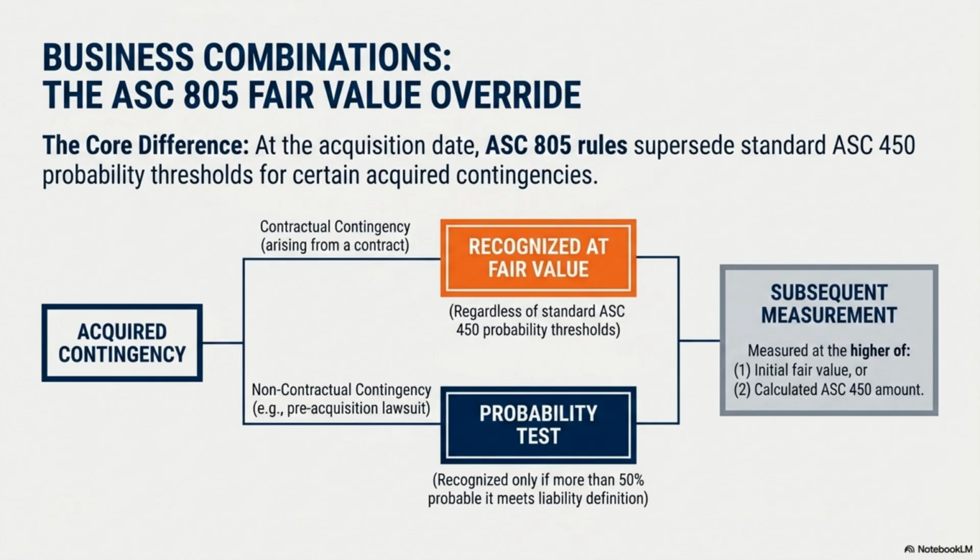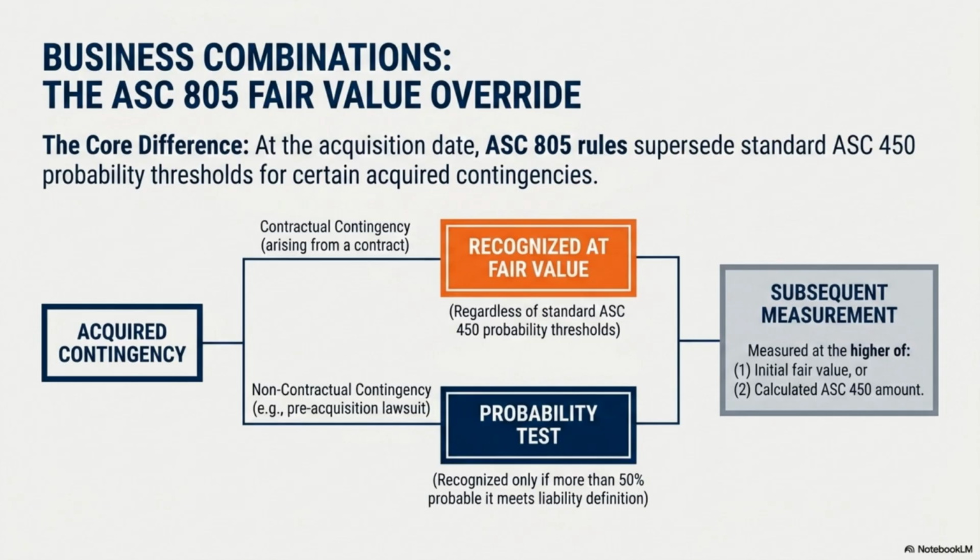This means some contingencies get recognized in a business combination that would not yet qualify for recognition if the same company were reporting standalone. For non-contractual contingencies, like a pre-acquisition lawsuit, you apply a probability test. Recognize it only if it is more than 50% probable that it meets the definition of an asset or liability.